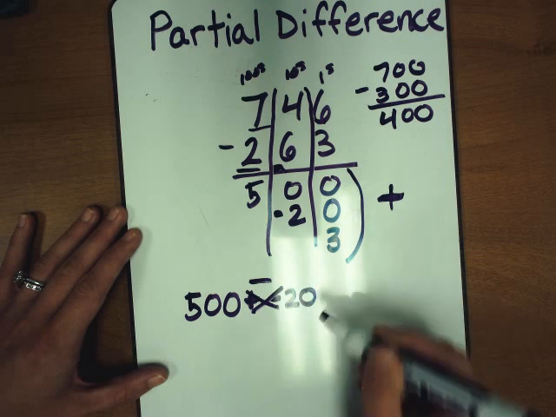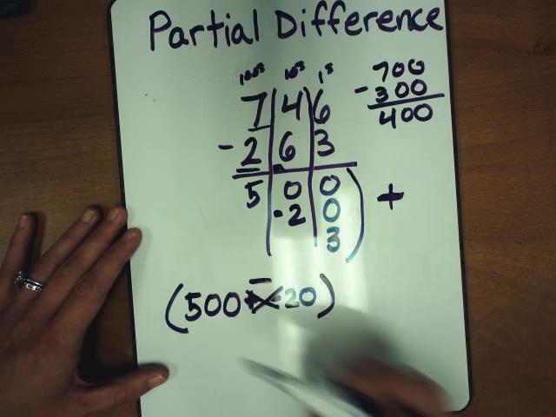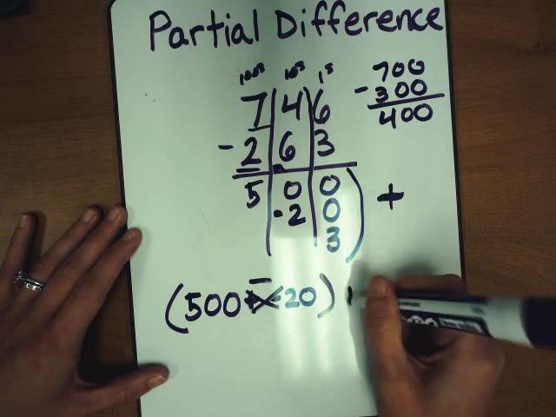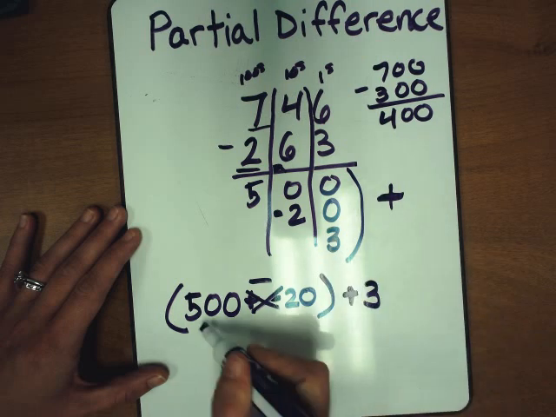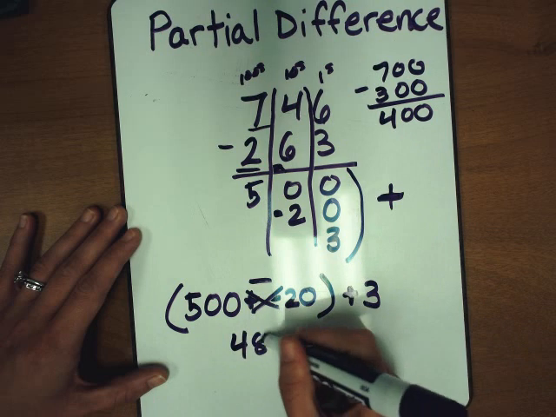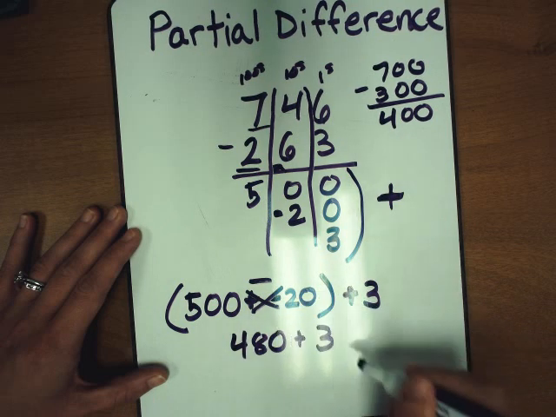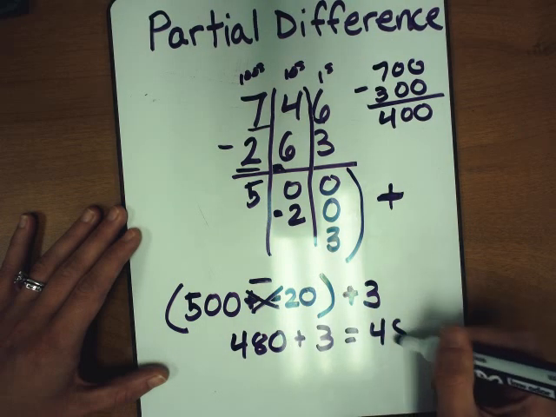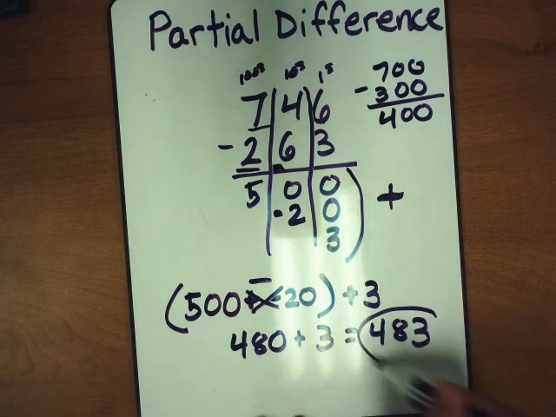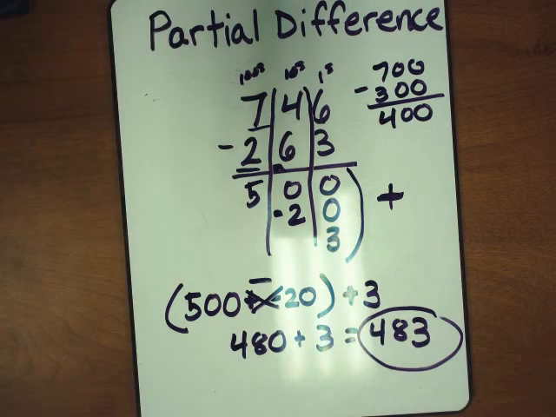Whenever I'm adding a negative number, it's the same thing as subtracting. So I have 500 minus 20 plus 3. So 500 minus 20 is 480, plus 3 equals 483. So that is my difference of 746 minus 263.